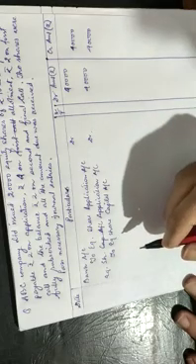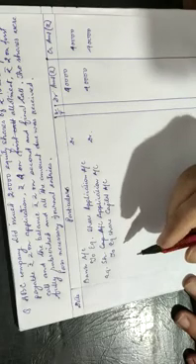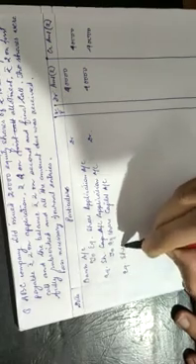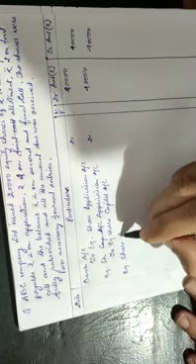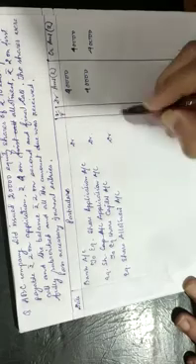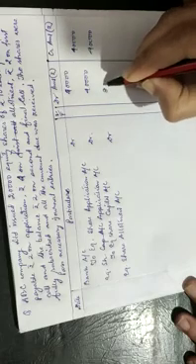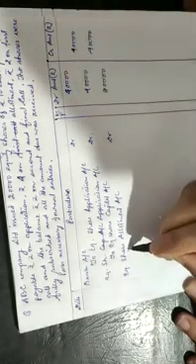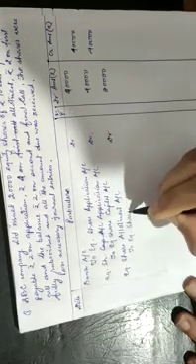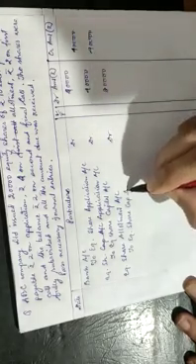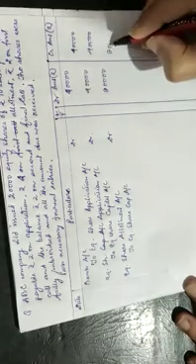Now you are required to pass the entry: equity share allotment account Dr. 80,000 to equity share capital account 80,000.